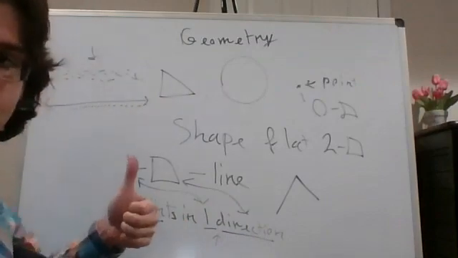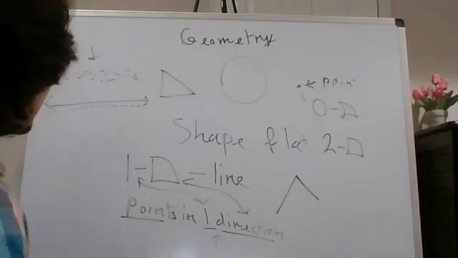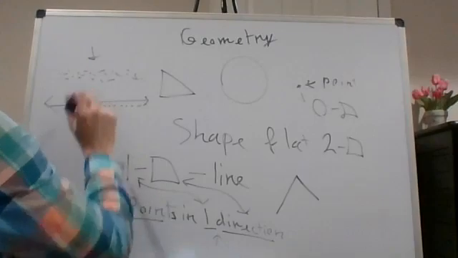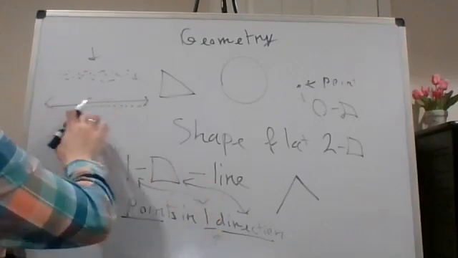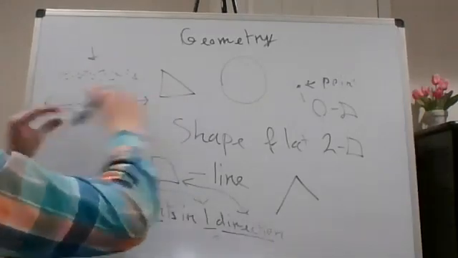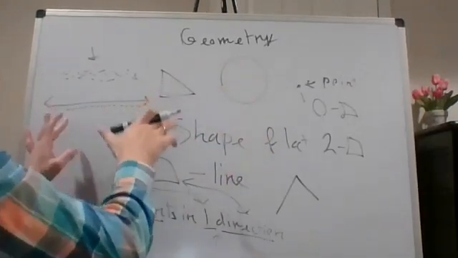When you apply this to lines, you say that a line is a bunch of dots in a row. So the dots point in one direction.